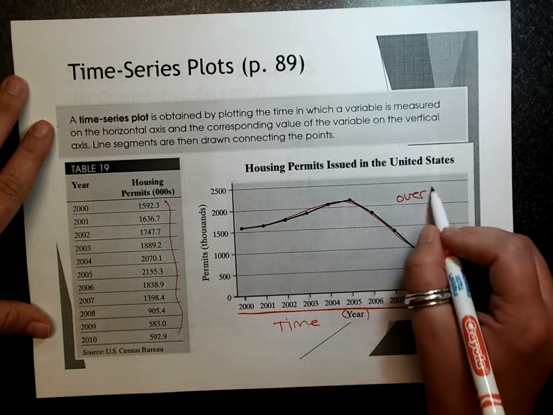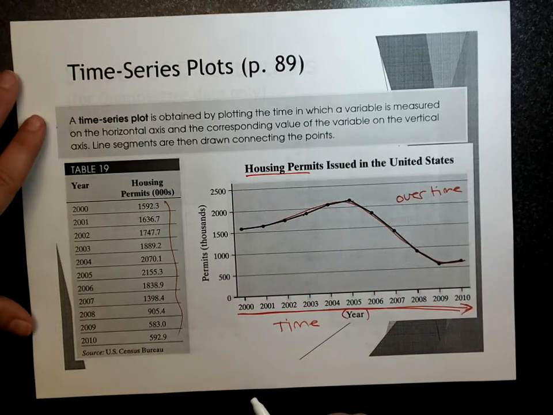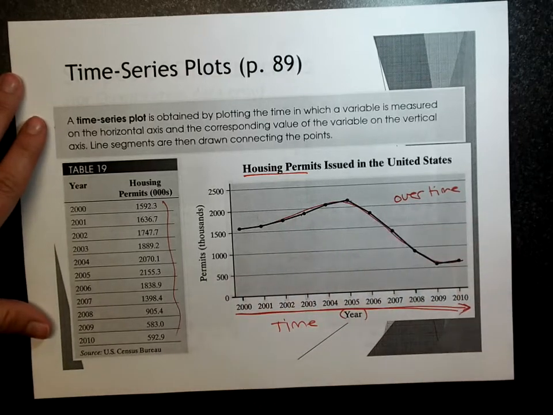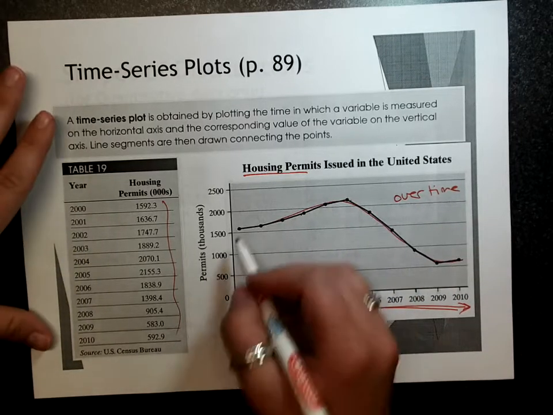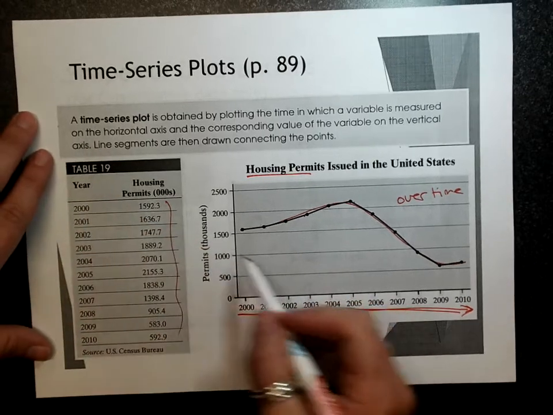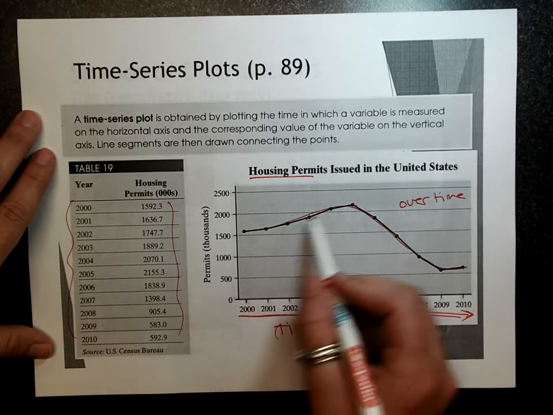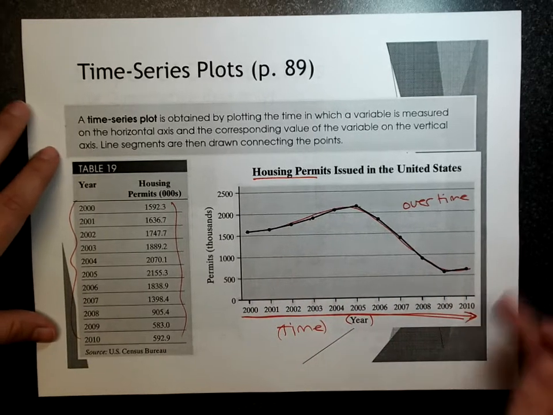So we're looking over time. They do this with housing, they do this with gas prices. The stock market always follows by month or hour or minute, different time intervals. So anytime you're listing by a measure of time, you make what's called a time series plot.